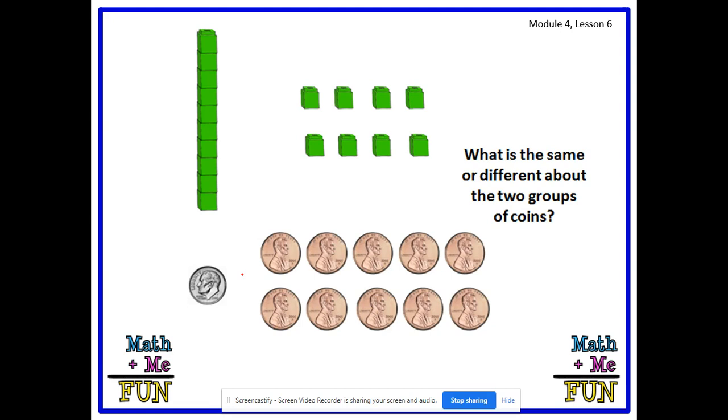What's the same is that they both have the same value. A dime is 10 cents. The 10 pennies that we have right here are 10 cents. What's different is that for a dime, you only need 1 dime to equal 10 cents, while the pennies, you need 10 of them to have 10 cents.